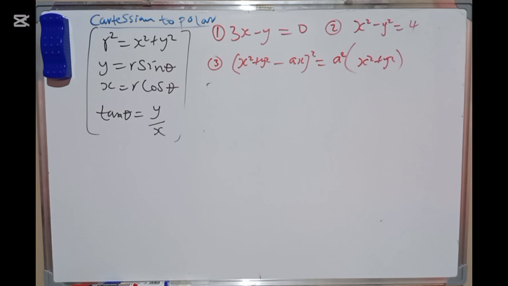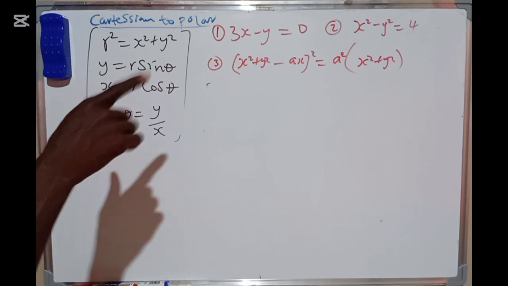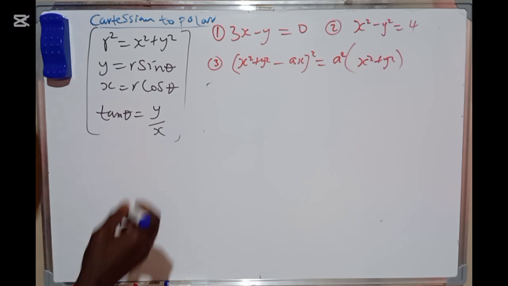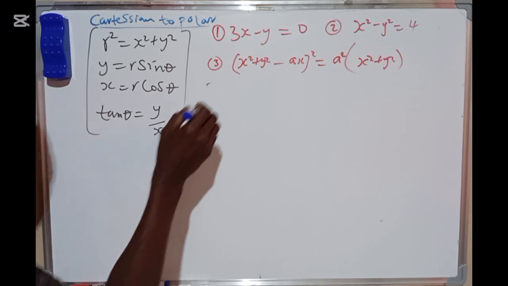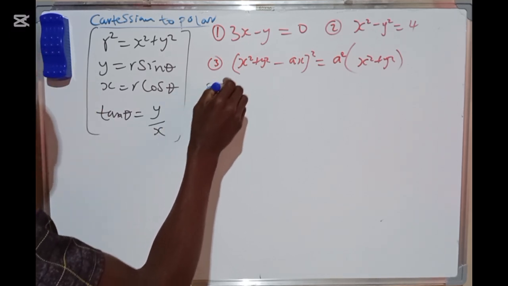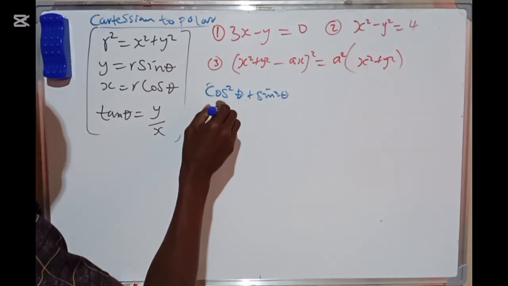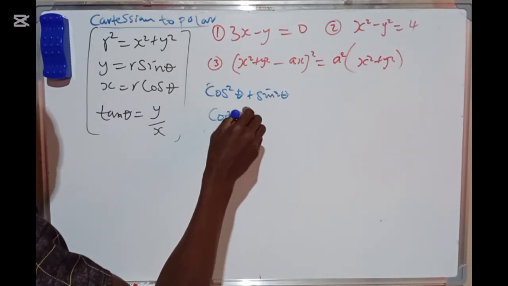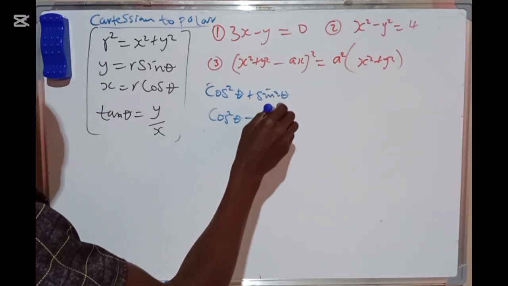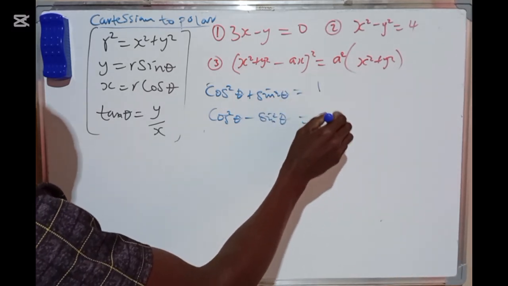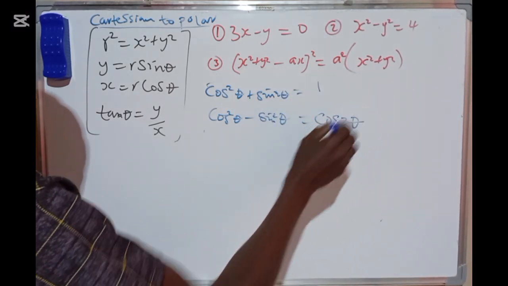Before we delve into solving these problems, there are two identities that I want us to recall, so that while solving we are not going to have an issue. The first identity is cosine squared theta plus sine squared theta, and the second is cosine squared theta minus sine squared theta. The first is equal to 1, while the second is equivalent to cosine 2 theta.